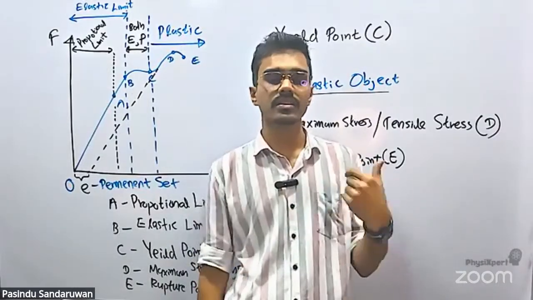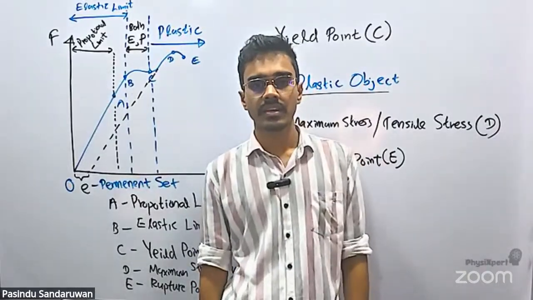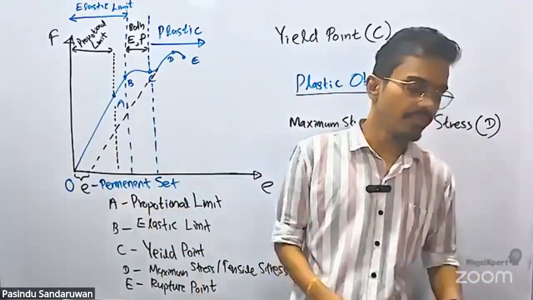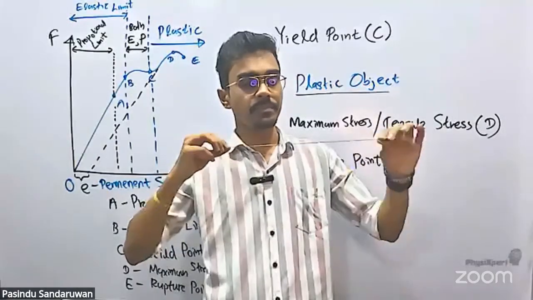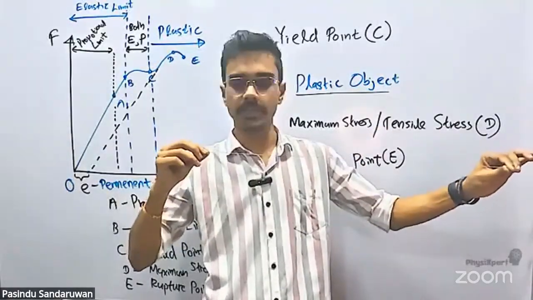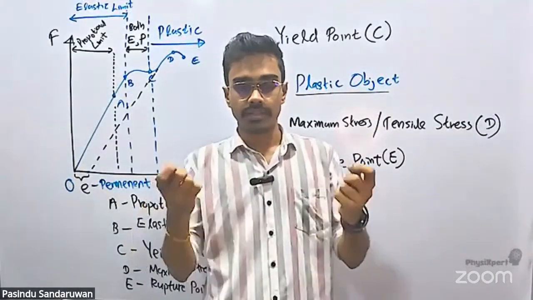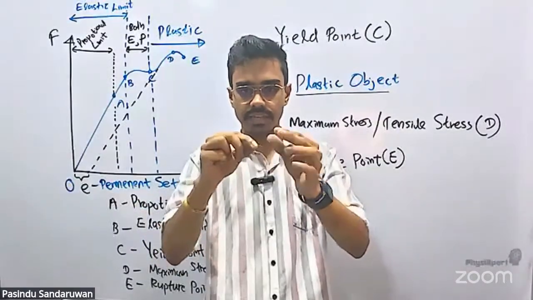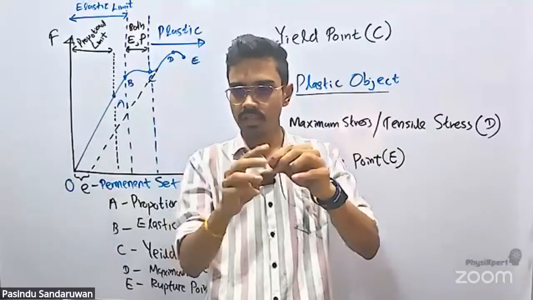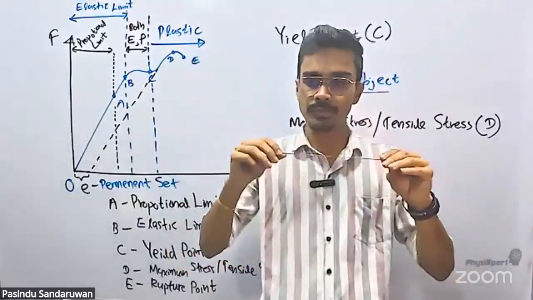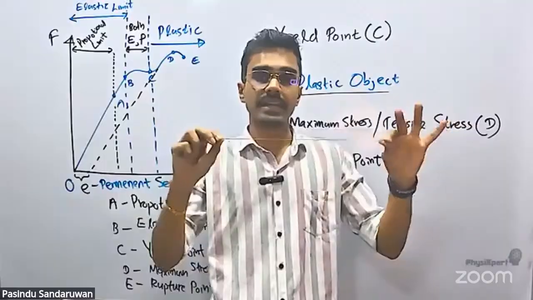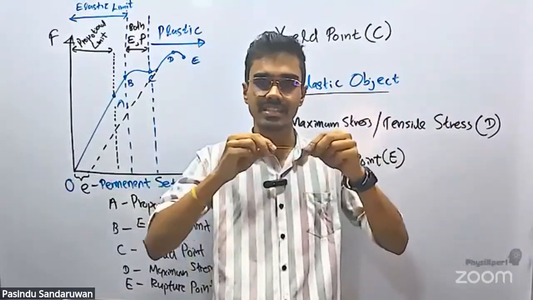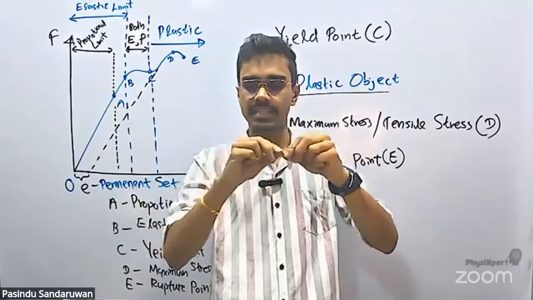Rupturing means it's breaking. After the maximum point, if we increase the force even beyond the maximum force, the object is already necked at some points. Because they are already necked, their strength is less, so this happens at a neck point.